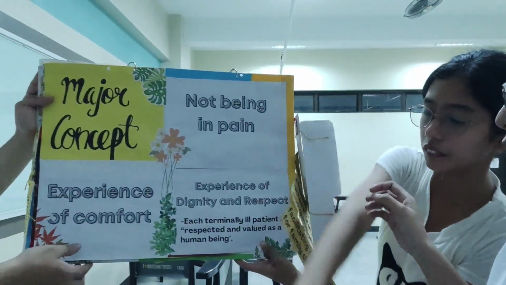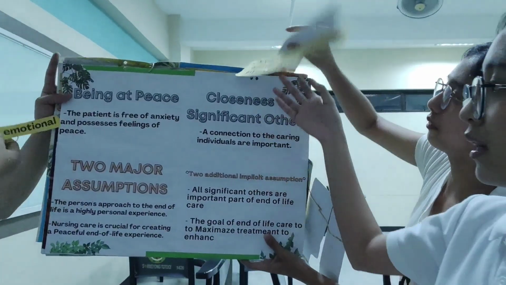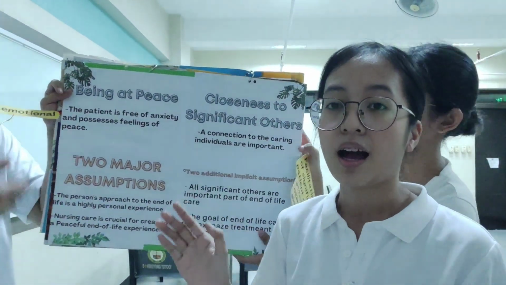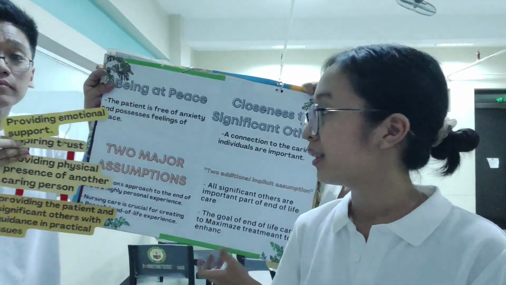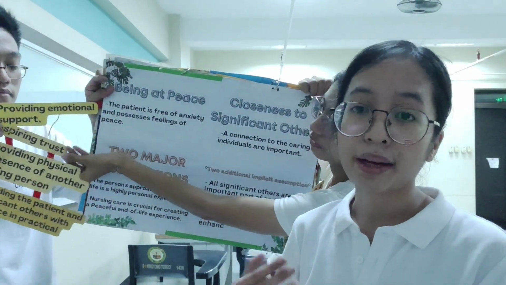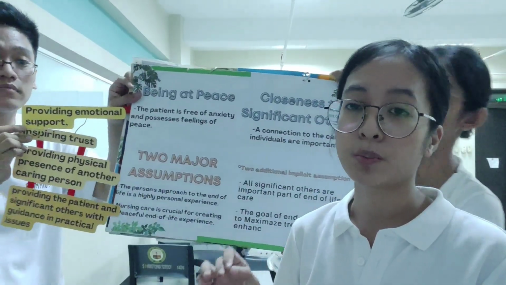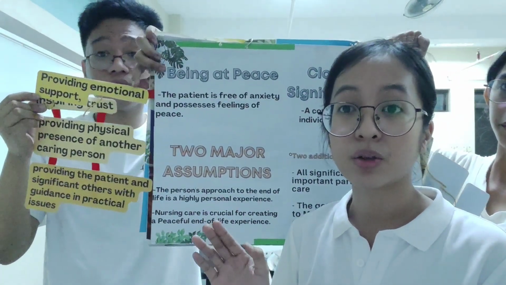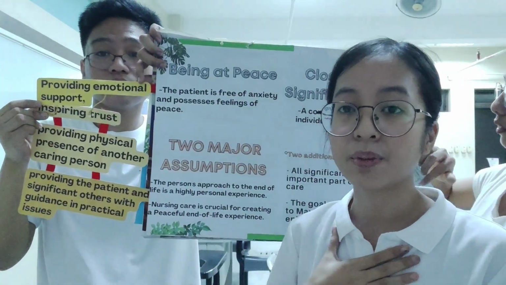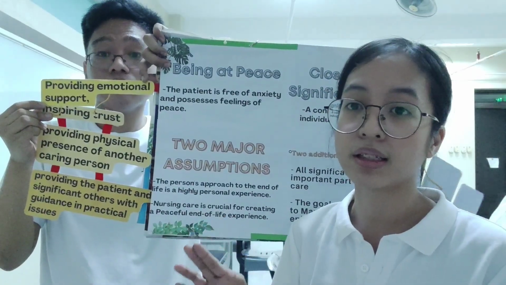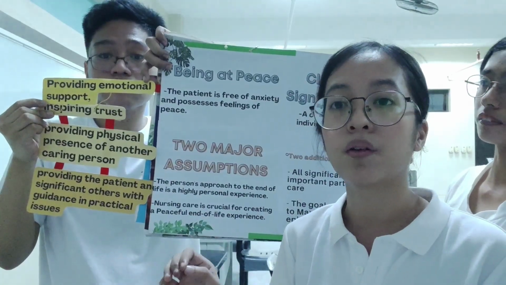So for the fourth one is interventions under being at peace. So we nurses can explicitly give emotional support to our patients. We can inspire trust, but we should remember that when we are giving emotional support, there are things that we should keep in mind. We should limit ourselves because there are some words and advice that can affect the behavioral and mental stability of our patient.